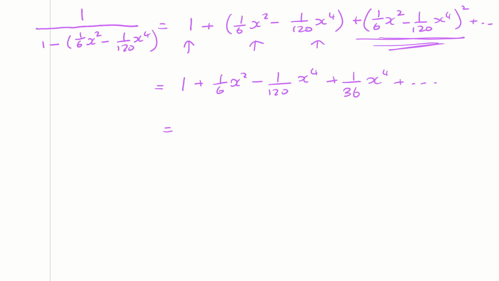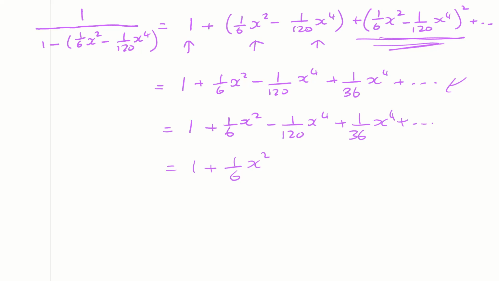And so what we have is 1 plus 1/6 x squared, take away 1 over 120 x to the 4, plus 1 over 36 x to the 4. I've just repeated the line above. Don't worry about that. We just need to tidy it up. So it's 1 plus 1/6 x squared plus 7 over 360 x to the 4, and so on.